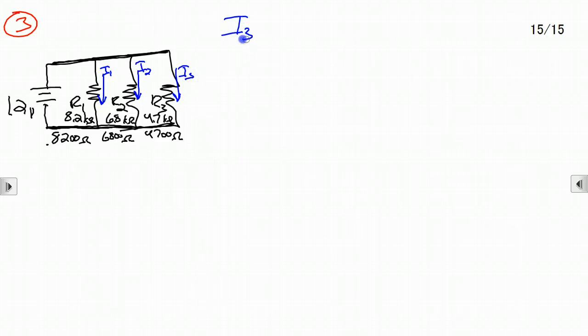If I want current, I want voltage over resistance. If I want the current in the third branch, I want the voltage across the third branch and the resistance of the third branch. Now since they're in parallel, like we said, all the voltages are the same. So 12 volts, we have resistance of 4,700 ohms.